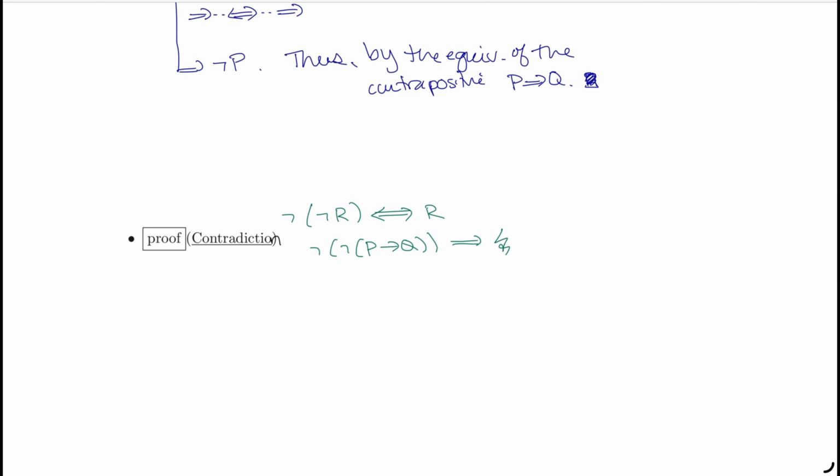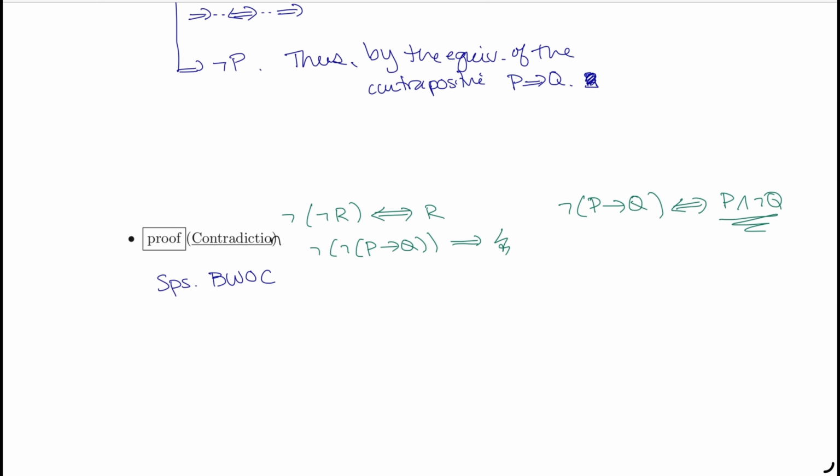So what is that structure going to look like? Suppose by way of contradiction, not if P then Q. But what is not the conditional? Not if P then Q, we've shown, is equivalent to P and not Q. And that's the form we're going to use for our supposition or assumptions.